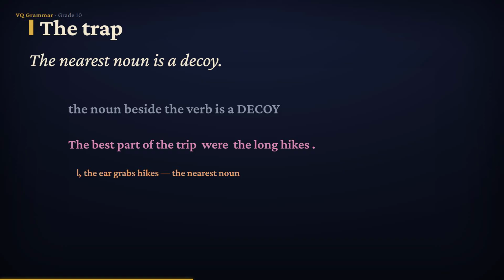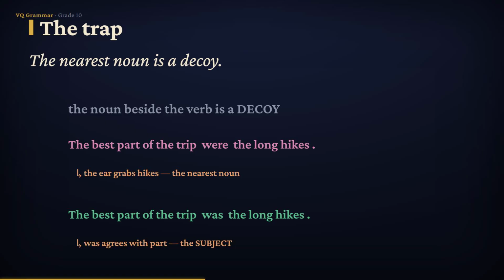The subject is part, all the way back at the front of the sentence, and part is singular. So the correct sentence is, the best part of the trip was the long hikes. Was agrees with part, the subject, and it ignores everything after the verb, no matter how loudly that plural noun stands there waving at you.